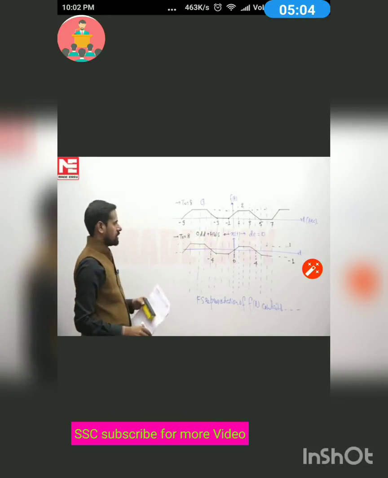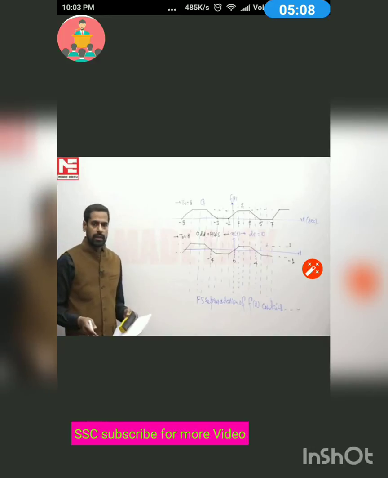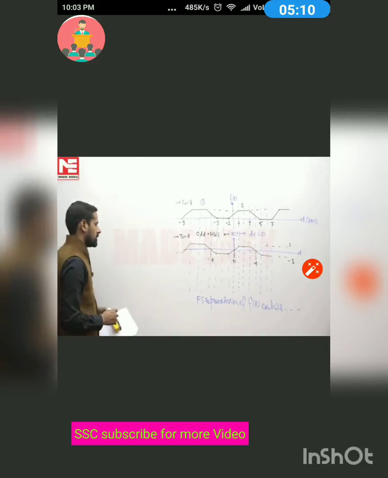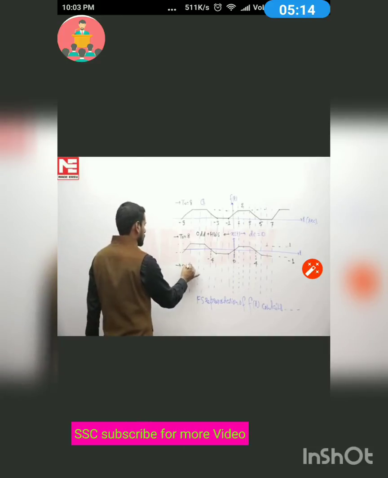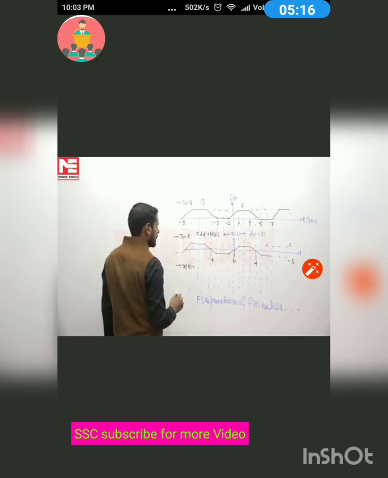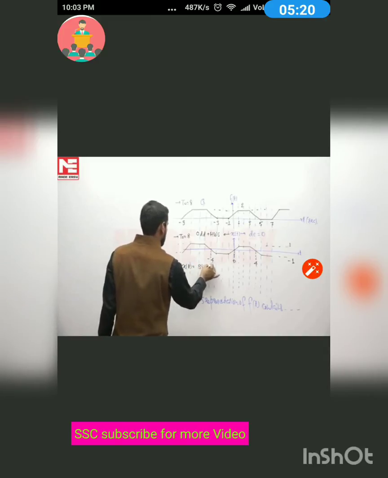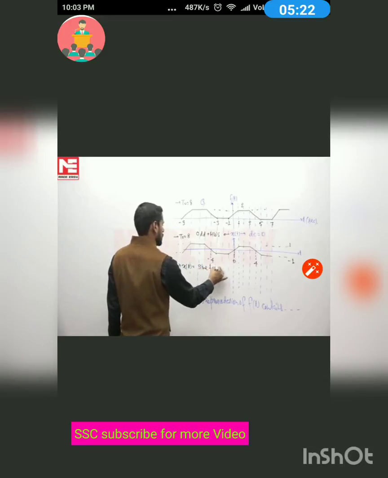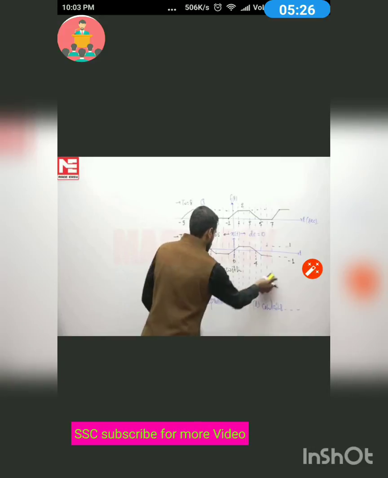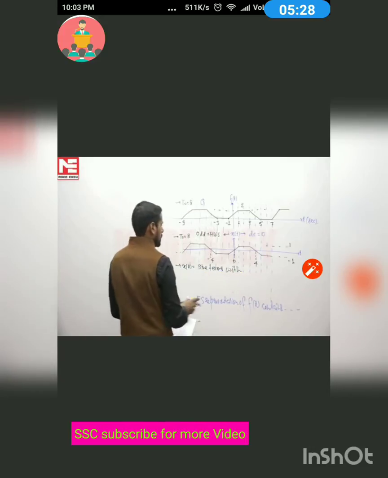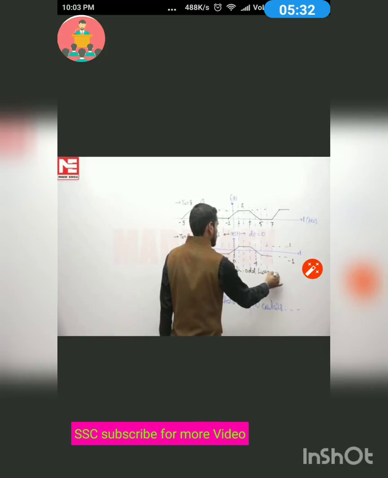Now, as we know, if a signal is odd half-wave symmetric, then it will contain sine terms with odd harmonics. So x(t) will contain sine terms with odd harmonics.